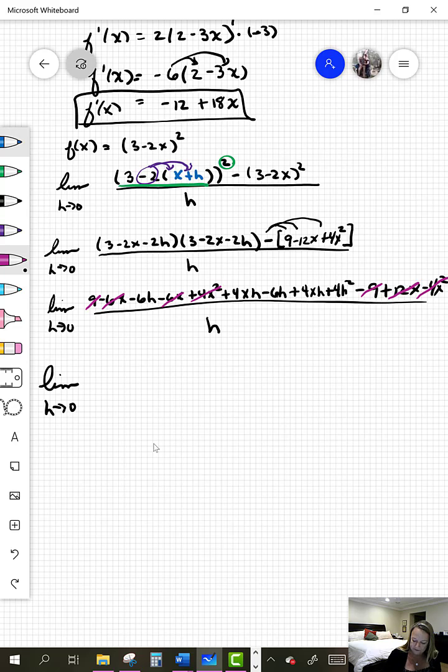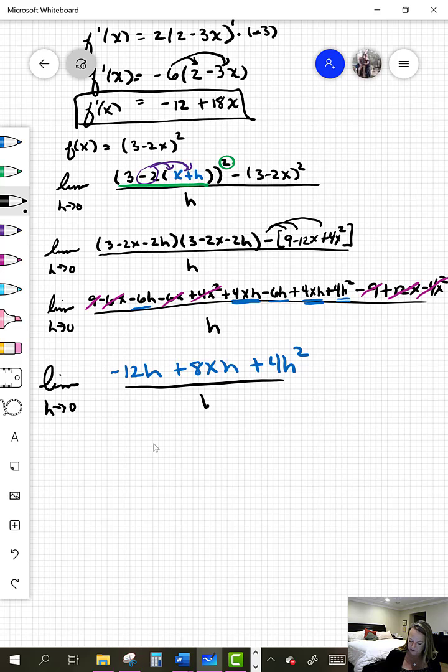So what we're left with up here is this negative 6h minus 6h, that's a minus 12h. Here we have a 4xh plus a 4xh, that's a plus 8xh. And a 4h squared, all over h. Notice they all have an h that we can factor out in the numerator and cancel it with the h in the denominator.